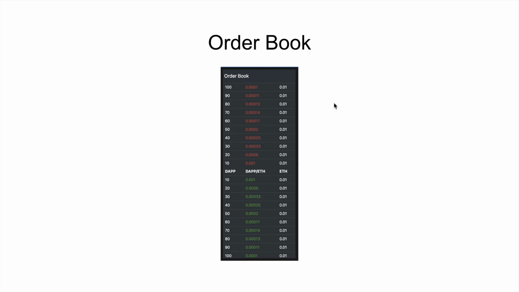So we can look at this more from the perspective of the order book. Once we create an order, it's going to go into the order book. And the order book can be sorted into buy orders and sell orders, all right? So generally speaking, it's a buy order if they want to receive tokens from the trade or give Ether.